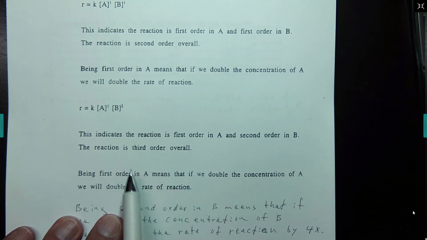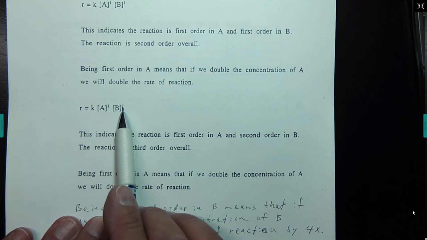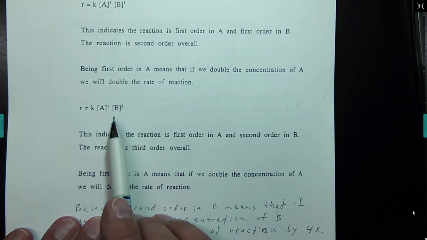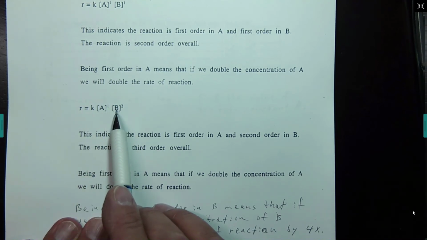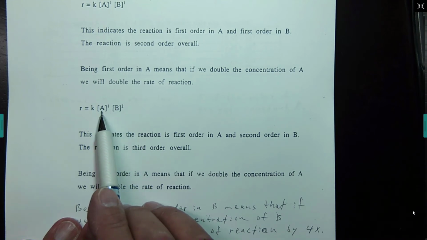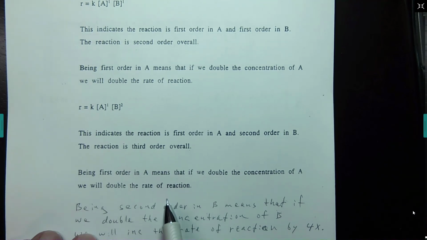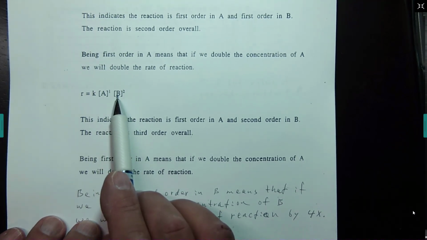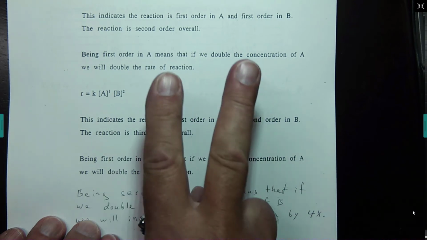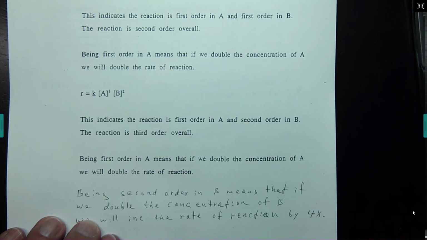What does being second order in B mean? Hey, it means that the rate of the reaction is much more sensitive to this particular reactant than to this one. Being second order means if I make the concentration of B twice as high, the reaction is going to go 4 times as fast.